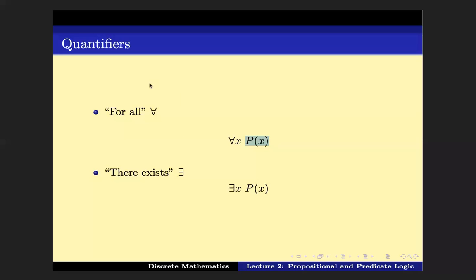The important thing is to notice these two notions, for all and there exists, and every statement should be quantified. You cannot leave loose variables hanging. Once you quantify these variables, the rest of it is called the predicate, and the whole thing is called the proposition.